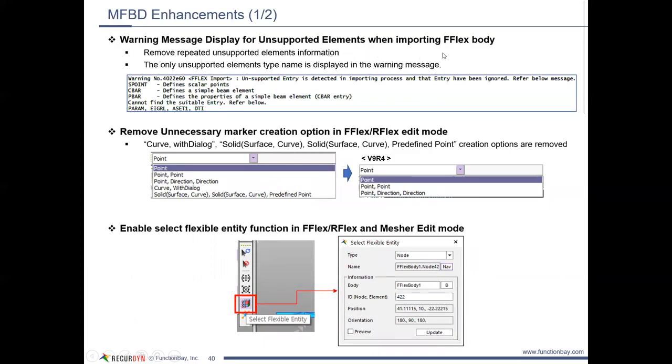Okay, when you're importing a mesh, basically, if you're generating an FFlex body, there's a warning display for unsupported elements. And it used to let you know about each and every unsupported element, which was kind of tedious if you had a few thousand elements that weren't supported and too many messages. So now it doesn't repeat the message.